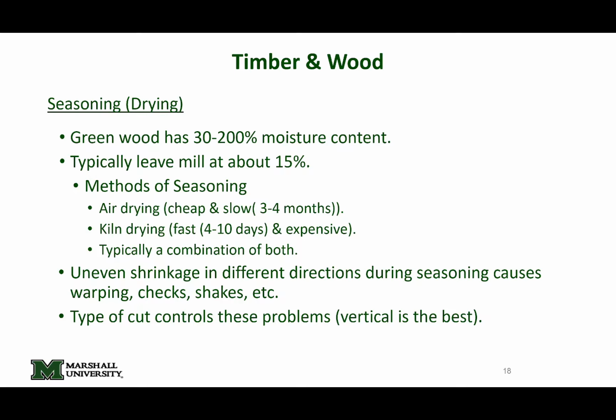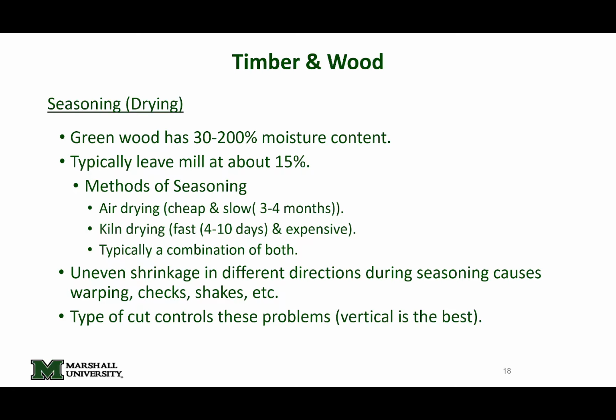For example, you have to have certain drying schedules and certain temperatures set for certain species of wood because you don't want the wood to dry too fast. You can get excessive defects, which is something that we're going to talk about today, are the various defects that you can get in a given wooden element. And those defects affect its grading, affect its capacity, etc.